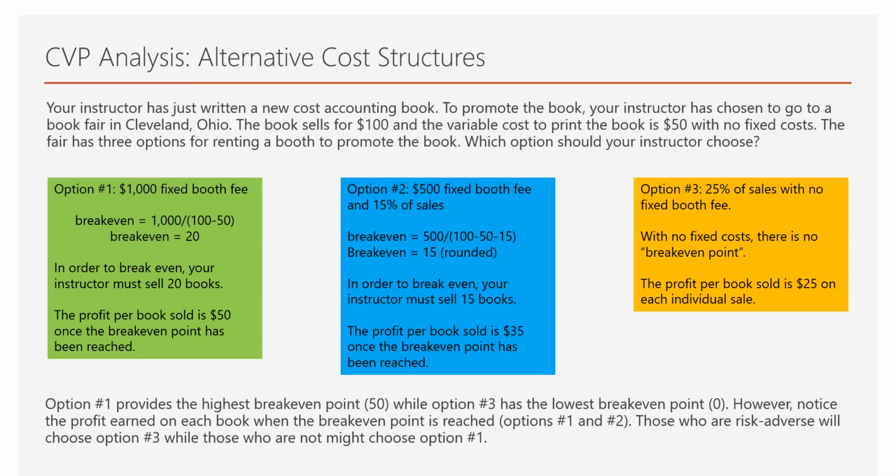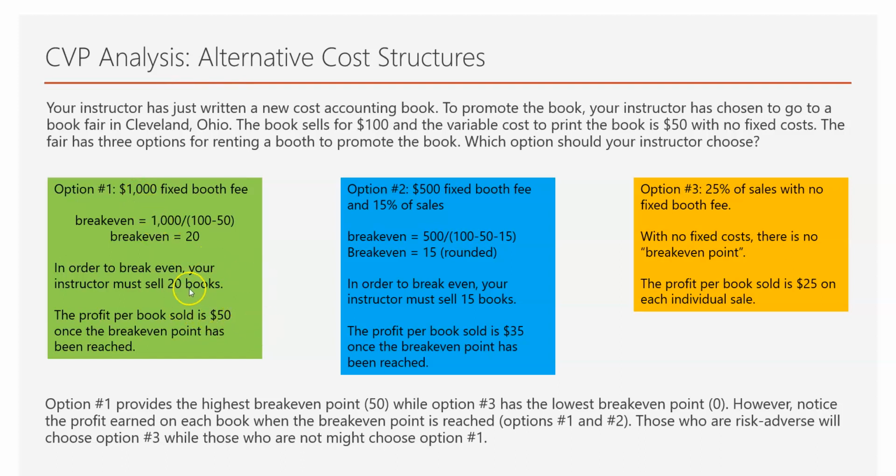It's tied to the fixed cost of whatever action we're doing. In this case, the fixed cost is the booth fee. But once I cover my break-even point, the reward is greater under this option. There's more risk of losing more money if I don't sell any books. But what if I sell 50 books?